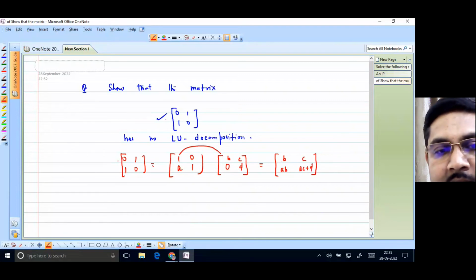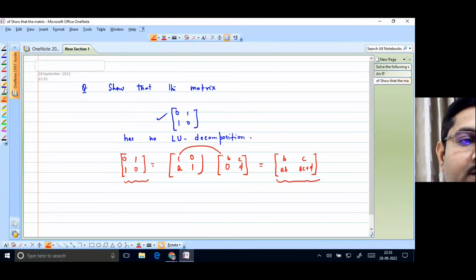Now if you equate the two matrices, what you are going to get? In one entry you have 0 on one side and B on the other side. So you are going to get B equal to 0.